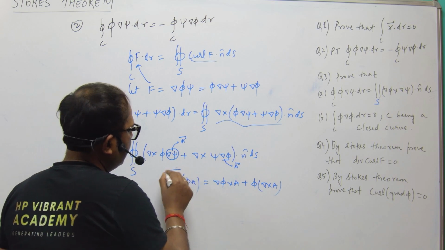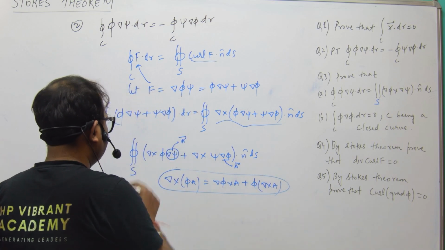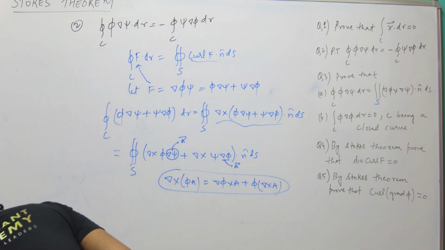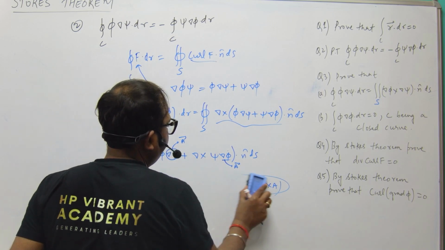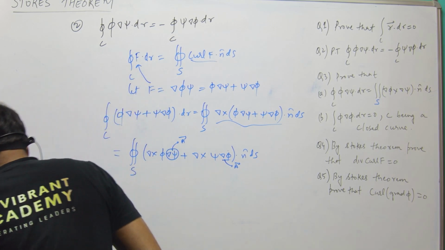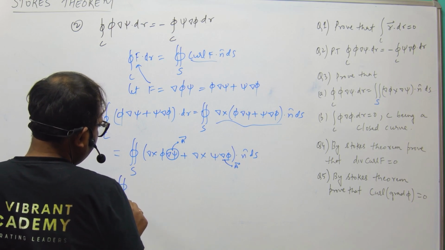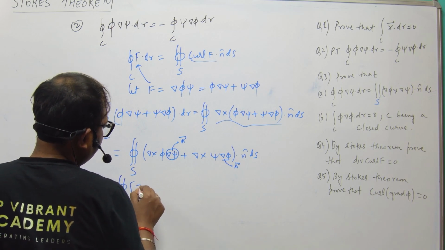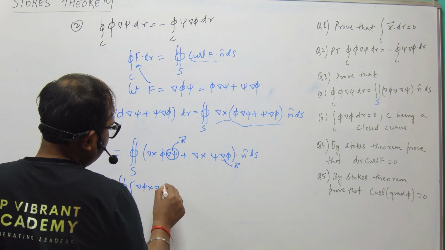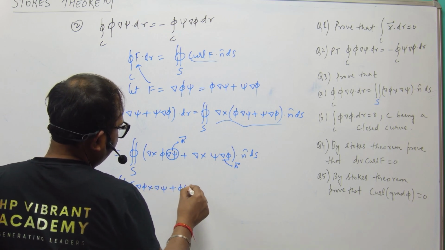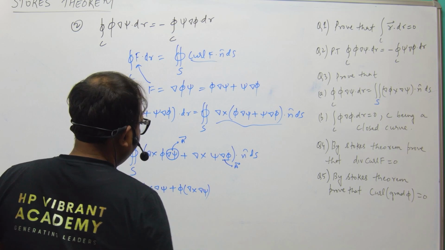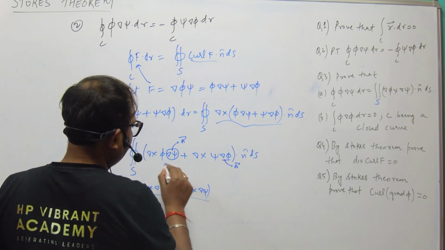So let us apply this vector identity. We will get the result as the surface integral along the surface S of del phi cross del psi plus phi times del cross del psi. This is the expansion of this one.